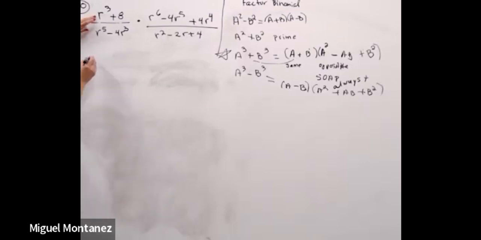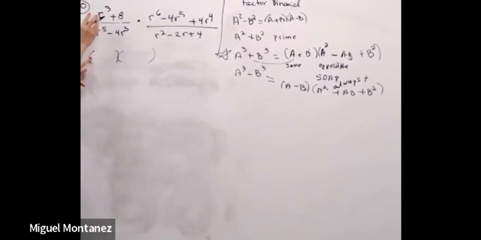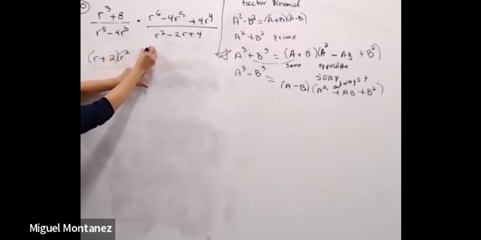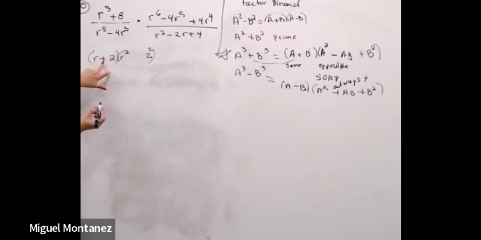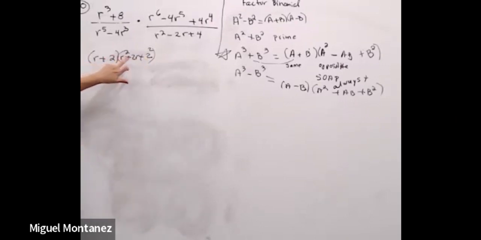If we use that formula, we have r plus 2, r squared, 2 squared which is 4, the opposite sign, multiply these two: 2r. So we have r squared minus 2r plus 4.